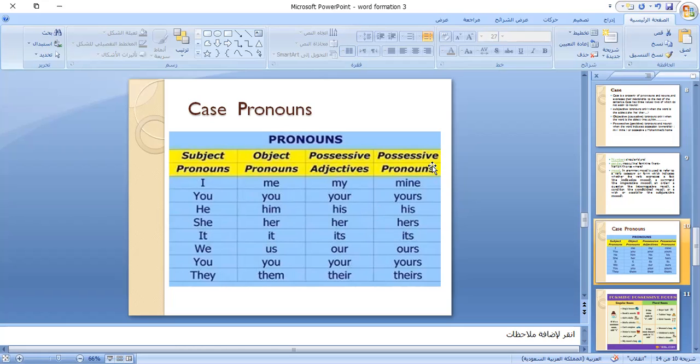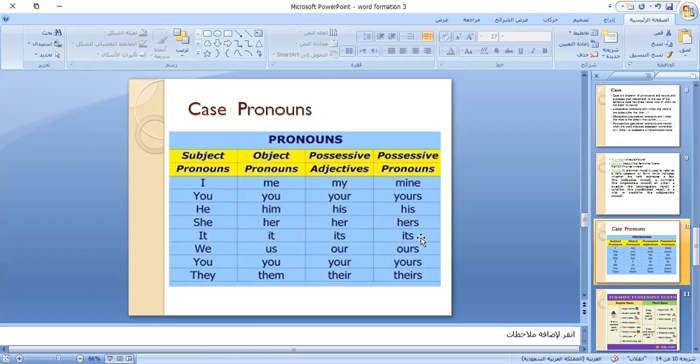And we have also possessive pronouns, like, this is my book. Is this your book? Yes, it's mine. It means it's my book, as if you combine the two words together. Is this your book or this is yours? This is his book or it's his, and hers. Remember, look at this.